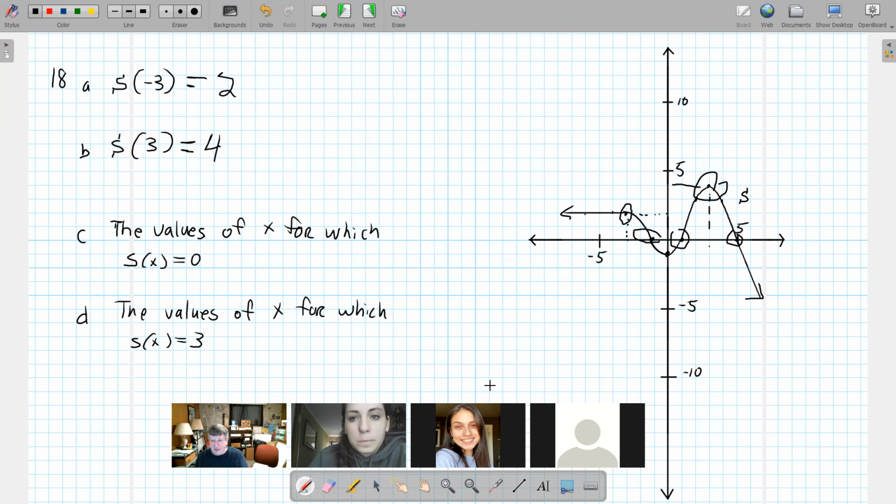Aren't there 3 x values that have a y value of 0? So x equals, what's the first one going from left to right? -1, and then 1, and finally 5.